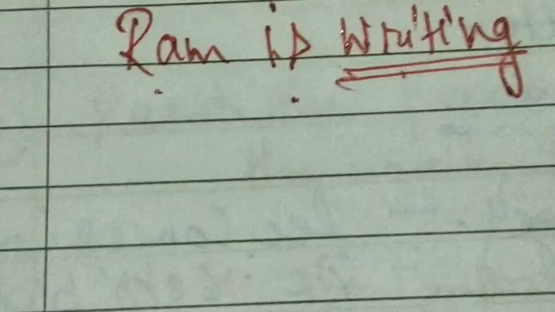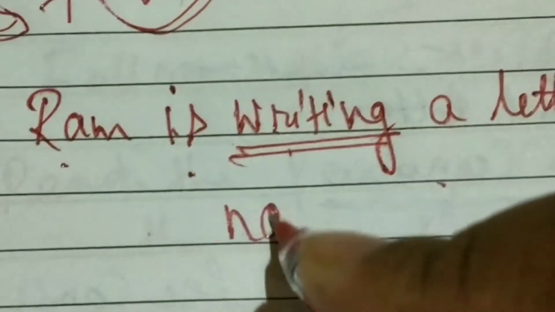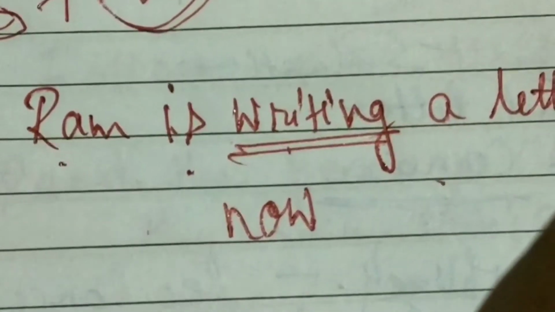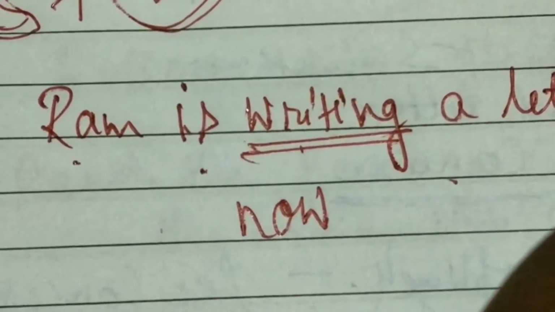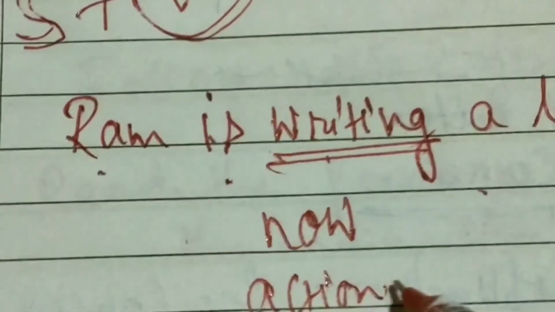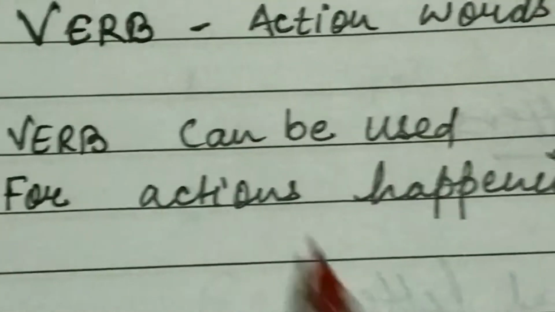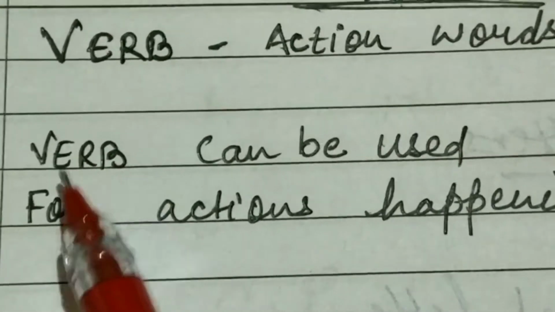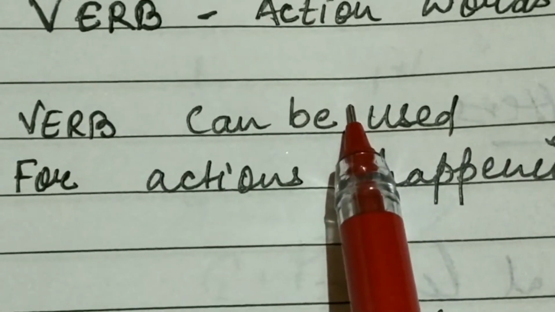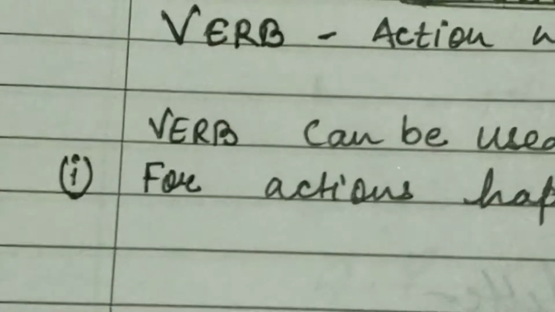Now see another fact. This sentence also tells you what work Ram is doing now, or what is the action that is happening now. Or you can say that a verb can be used in a sentence for actions happening now.